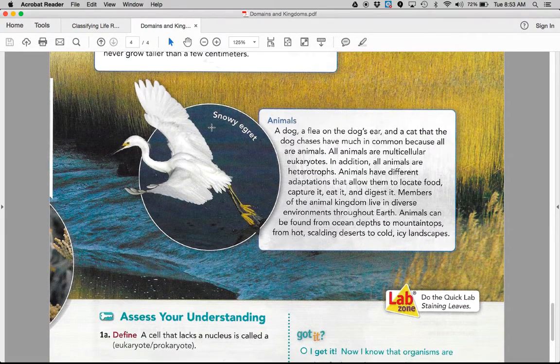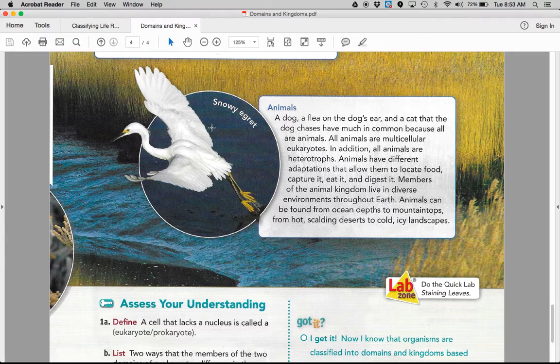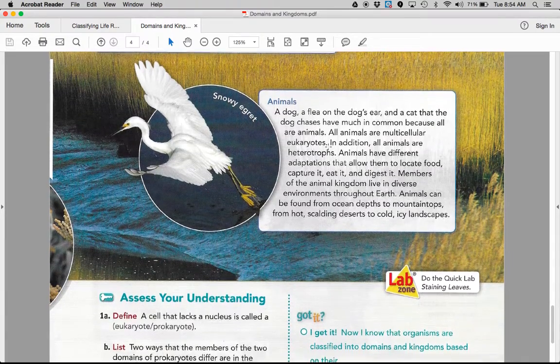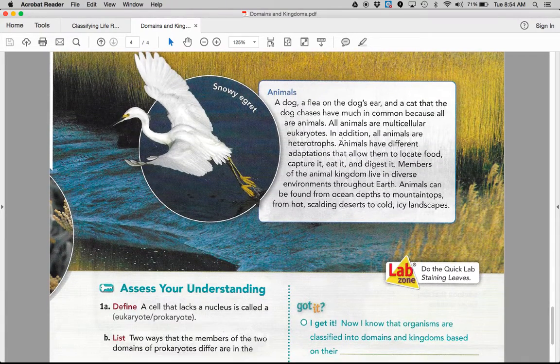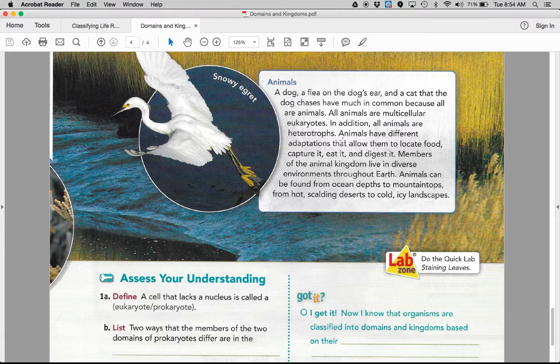Animals. I apologize. A dog, a flea on a dog's ear, and a cat that the dog chases have much in common because all are animals. All animals are multicellular eukaryotes. In addition, all animals are heterotrophs.